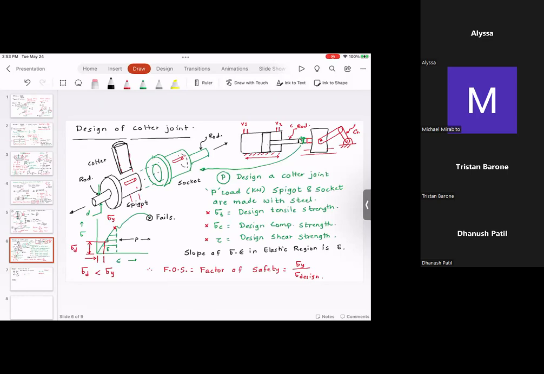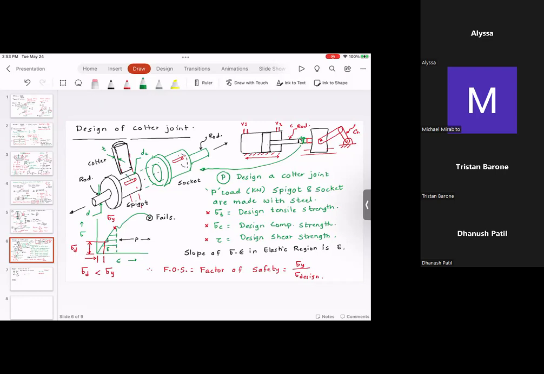So I want you to consider this dimension, and I'm going to call it D2. And I'm going to call the thickness of the Cotter t. So t is the thickness of the Cotter.